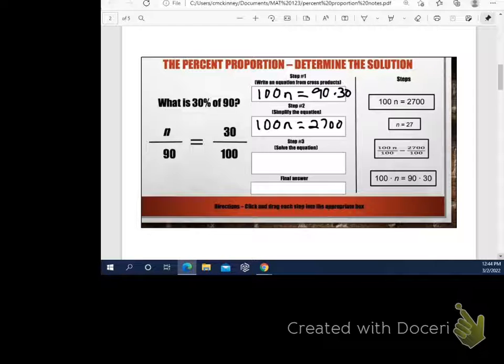We solve the equation, so now n is 20. Oh, I guess I have to divide. They're kind of drawing this out a little bit for me, but obviously I would not force you to write all of these steps, but these would be the steps. And then n is 27.